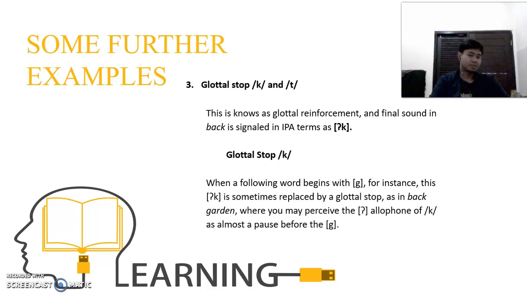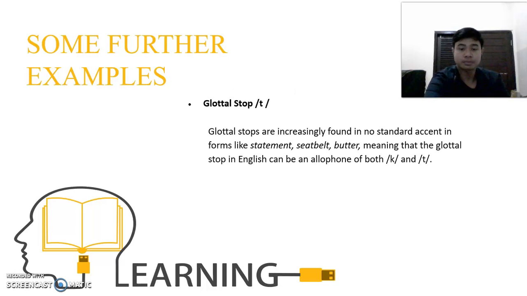For example, as in back garden, where you might perceive the glottal stop allophone of the K as almost a pause before the G. For glottal stop T, glottal stops are increasingly found in non-standard accents in forms like statement, seatbelt, and butter, meaning that the glottal stop in English can be an allophone of both K and T.